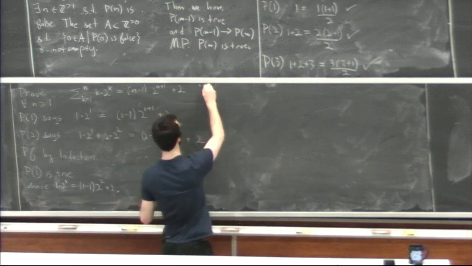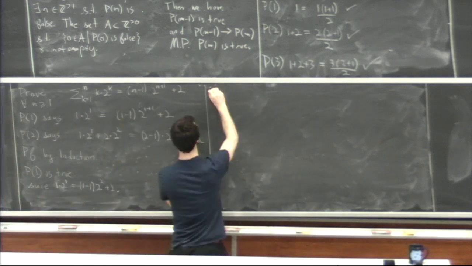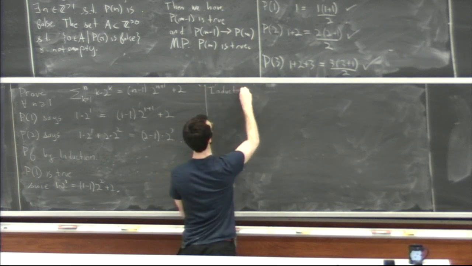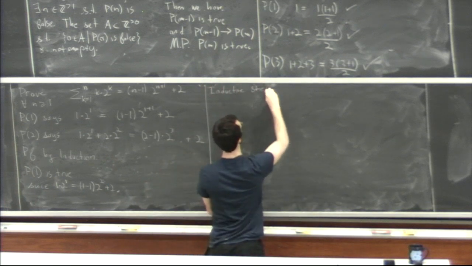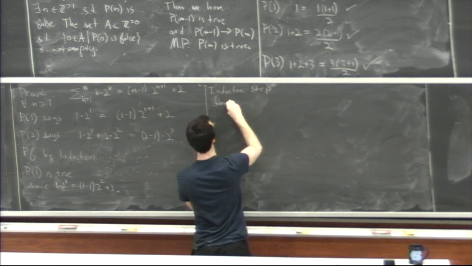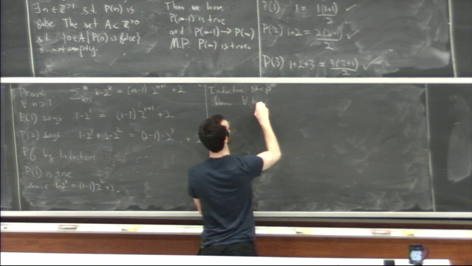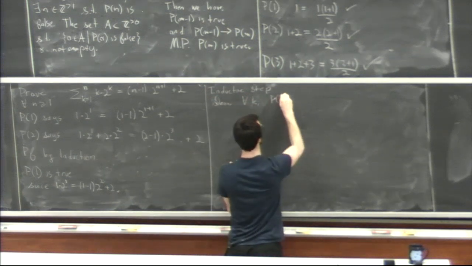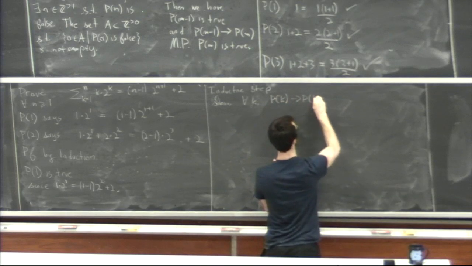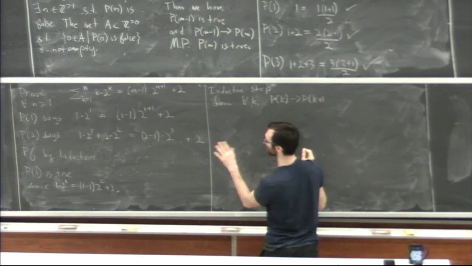Now I need to perform the inductive step. Which means I need to show, for all k, that P of k implies P of k plus 1. K is going to be bad here.